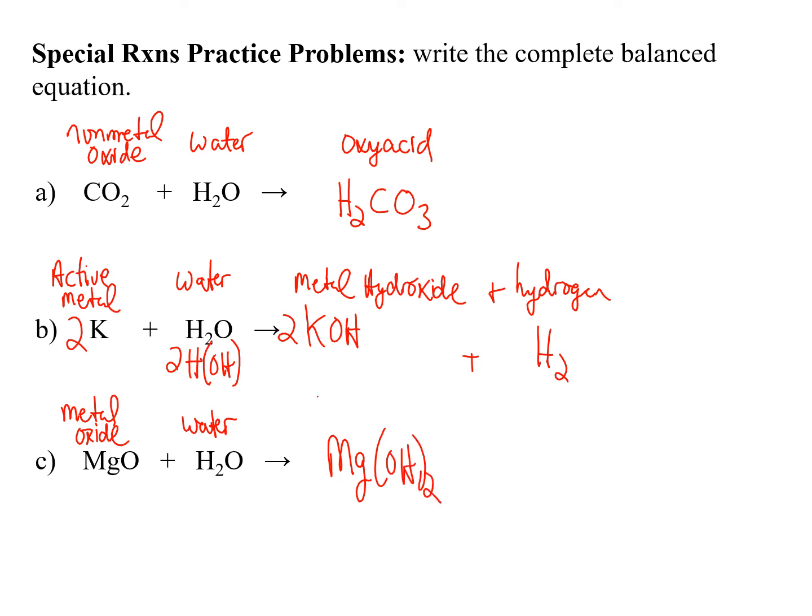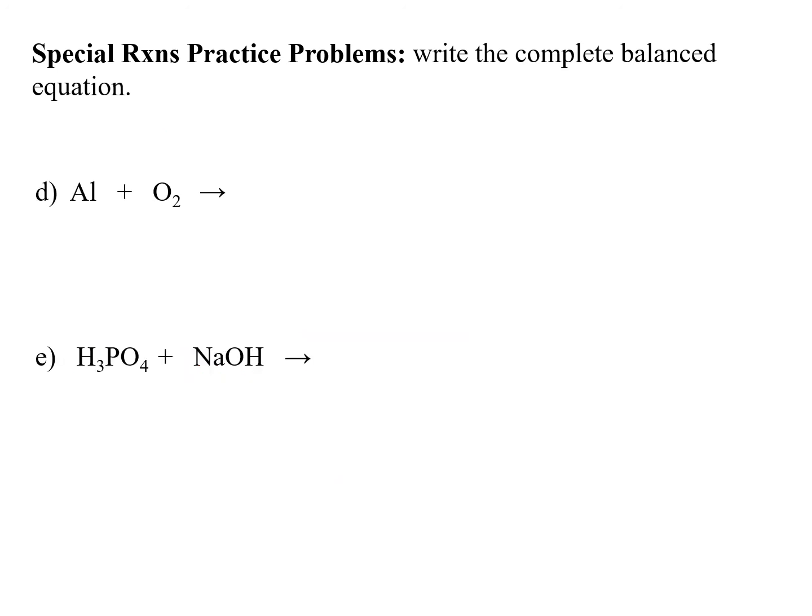Metal oxide and water gives the metal hydroxide. And that, I believe, is already balanced. Yep, 2 oxygens, 2 hydrogens, 1 magnesium. Give the next 2 a shot. When you come back, check the answers.